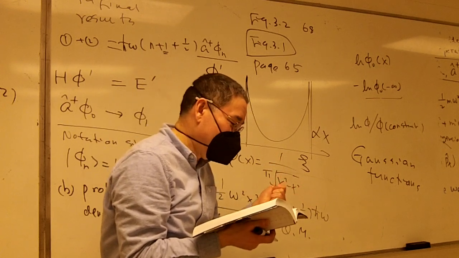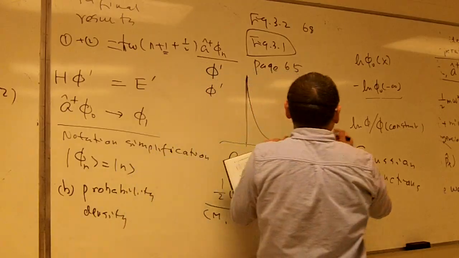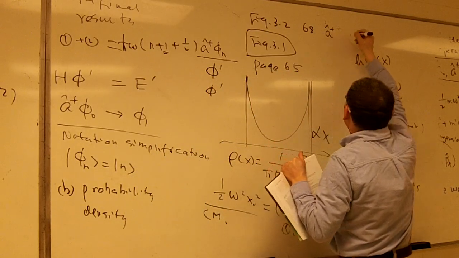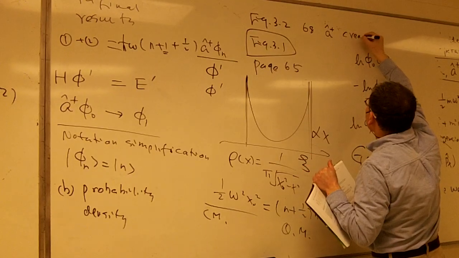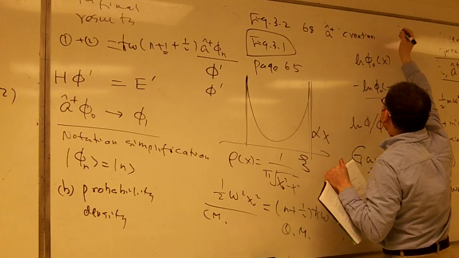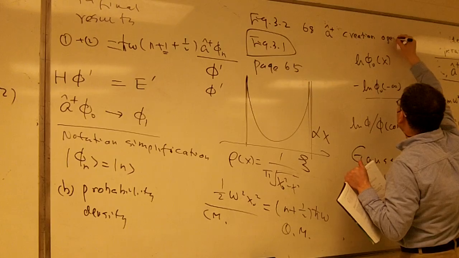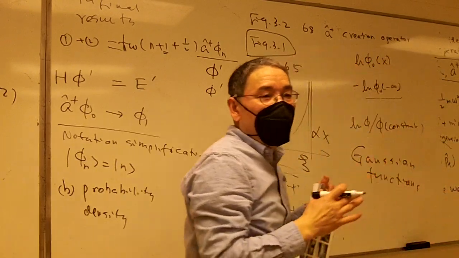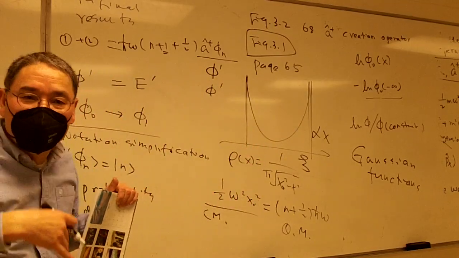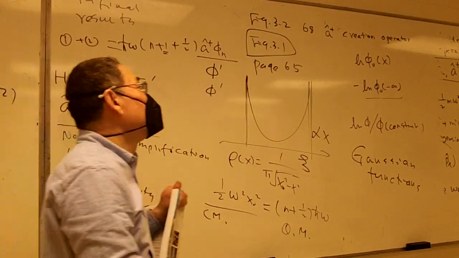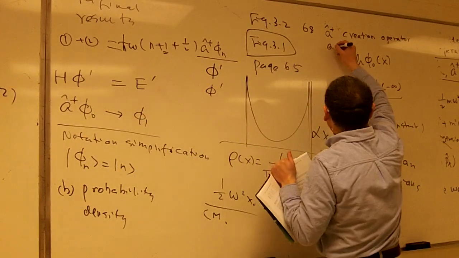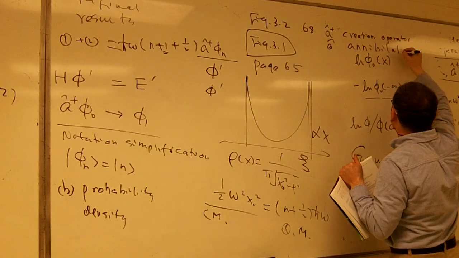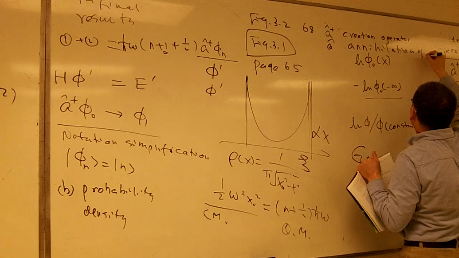ladder operator works. Now this A dagger, could you guys write this down? This is also called the creation operator. This is a ladder operator, but it is also called a creation operator. It creates something more. And then the A itself is called an annihilation operator.